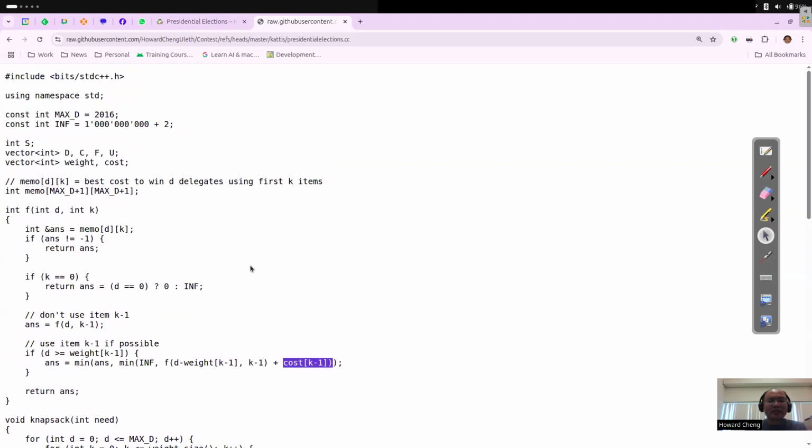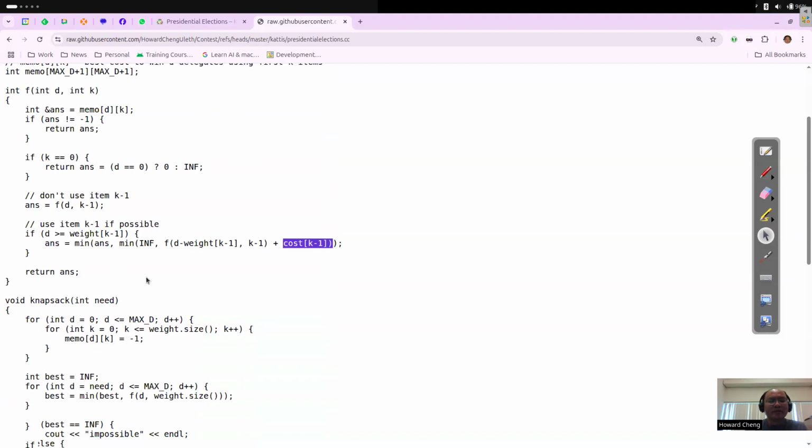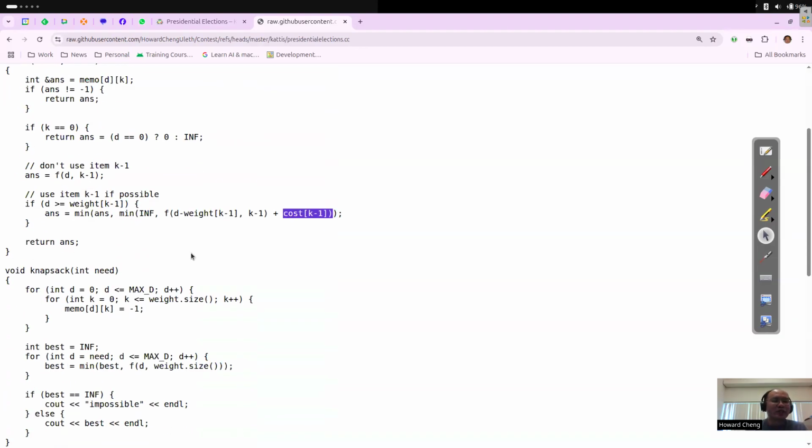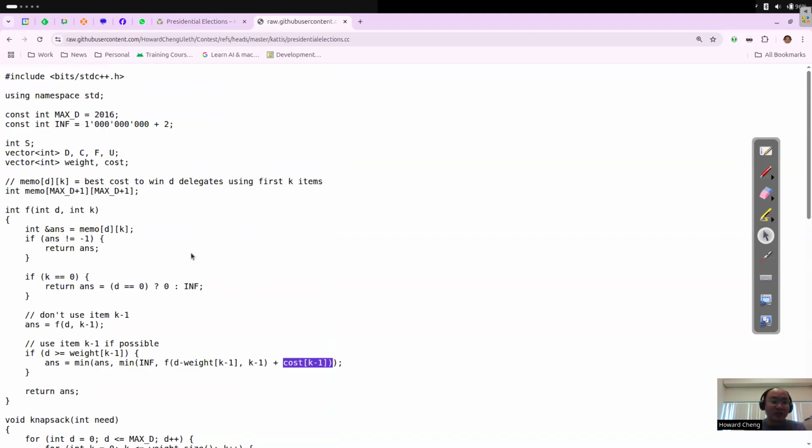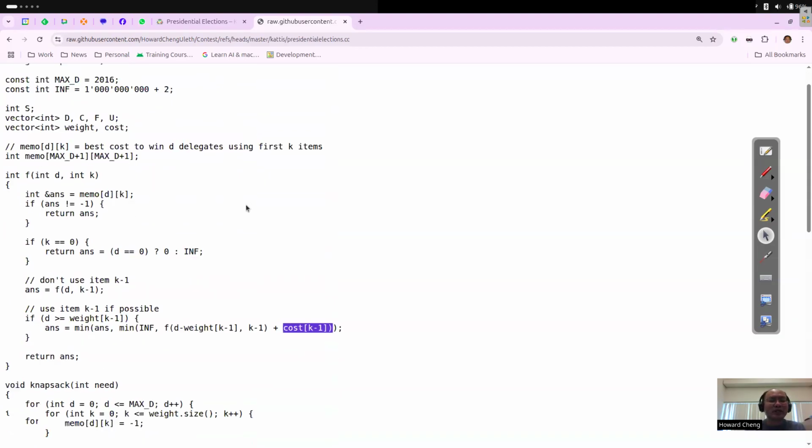If you don't like this, you can choose a bigger infinity and maybe use 64-bit integers, or maybe find some other way to mark that it's not possible. I don't know, maybe -2 or something like that. But anyway, if you can find an infinity that works, it sometimes makes the code a lot simpler. So you don't have to check for some other special number to indicate it's not possible.